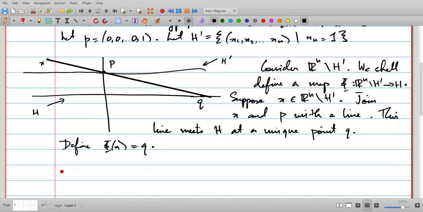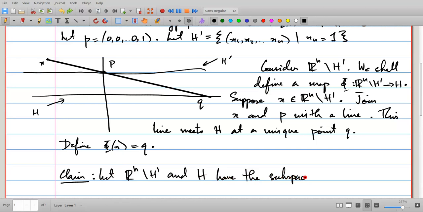So we have defined a map phi from Rn minus H prime to H, and the claim now is the following. Let Rn minus H prime and H have the subspace topology.